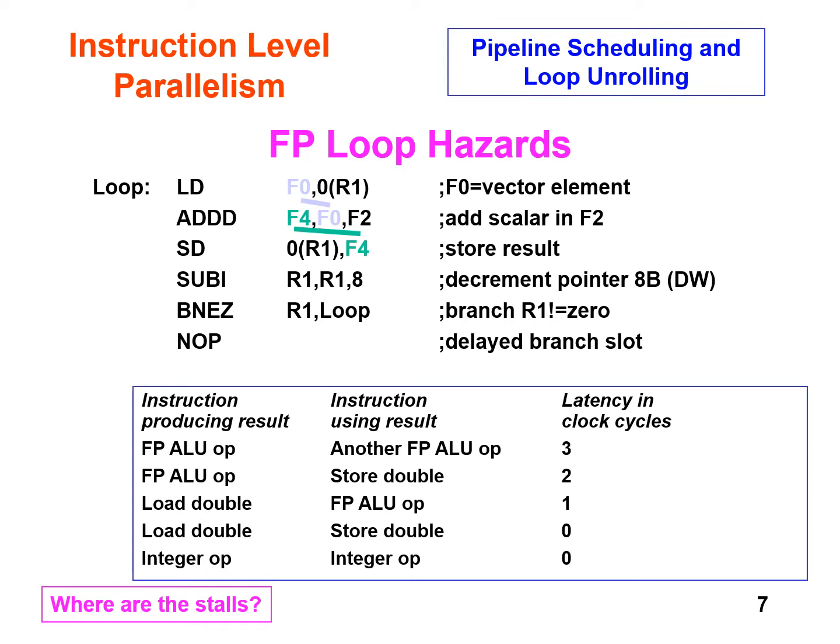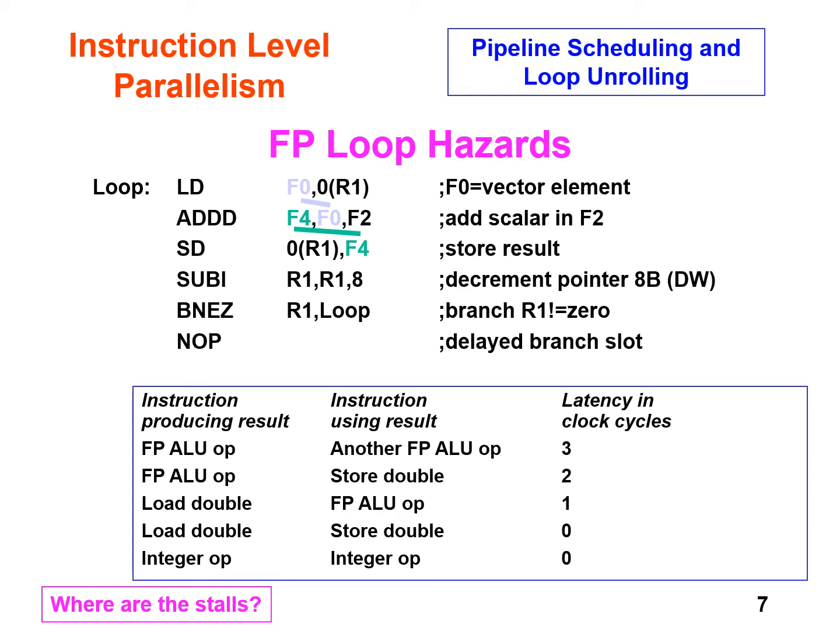The first instruction may be any ALU operation, meaning any arithmetic and logical operation. FP means floating point. So the first instruction may be a floating point ALU operation and the next instruction another FP ALU operation, then the delay is 3 clock cycles, which means the first instruction cannot be completed in one clock cycle; it will take 3 clock cycles.